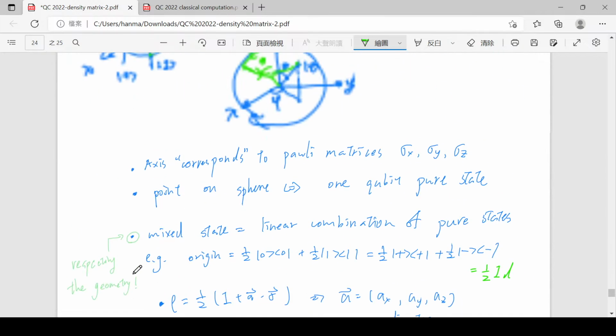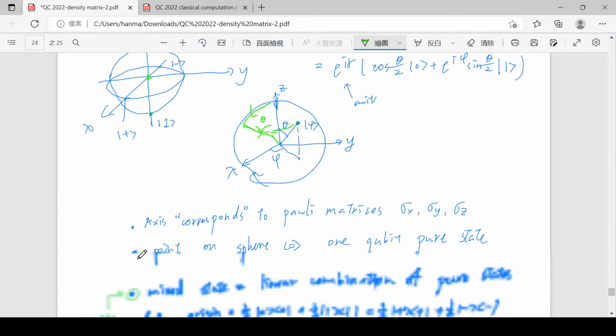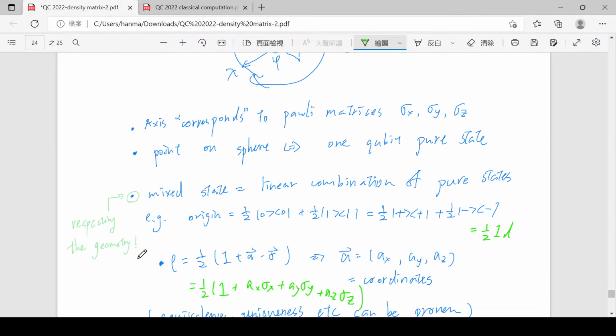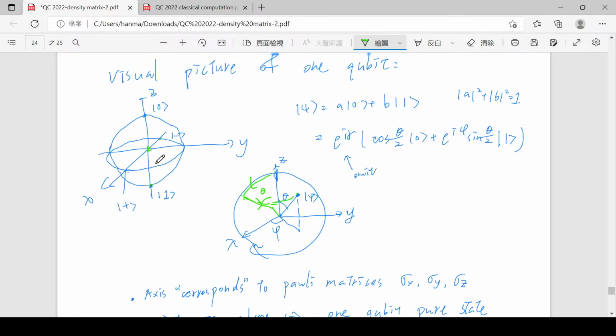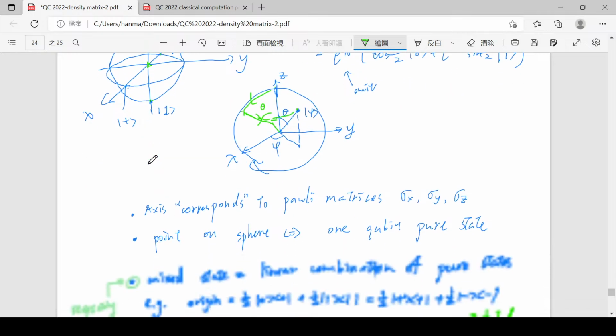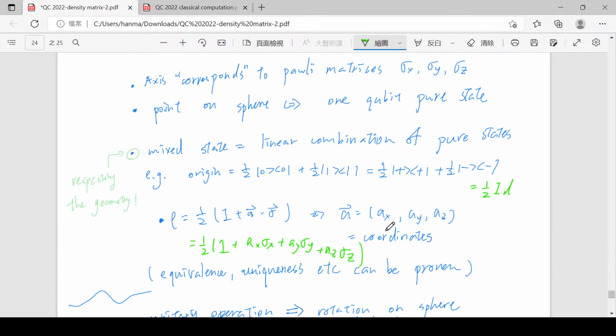And also, I guess from here you can see this mixture of density matrices will respect the geometric mixture here, because when you average the coordinates, then obviously you also average the density matrix.